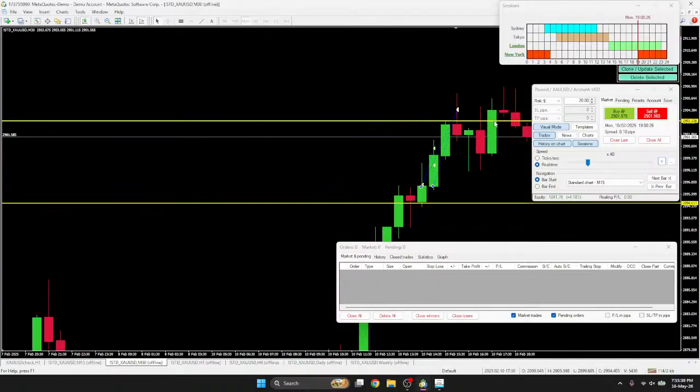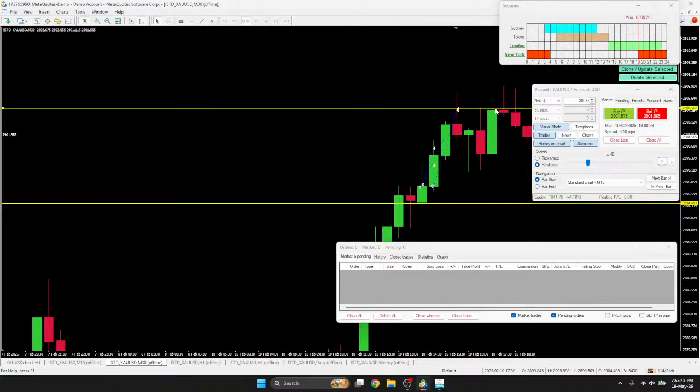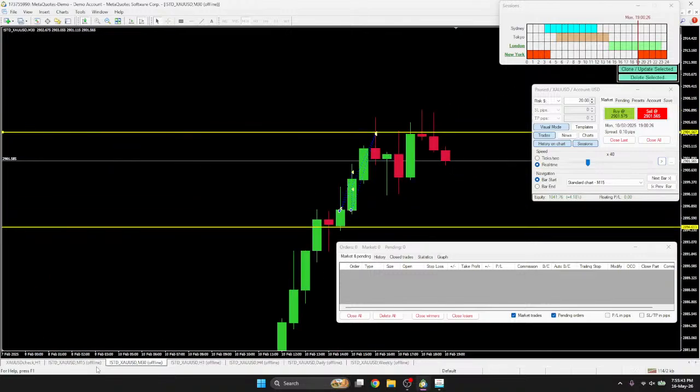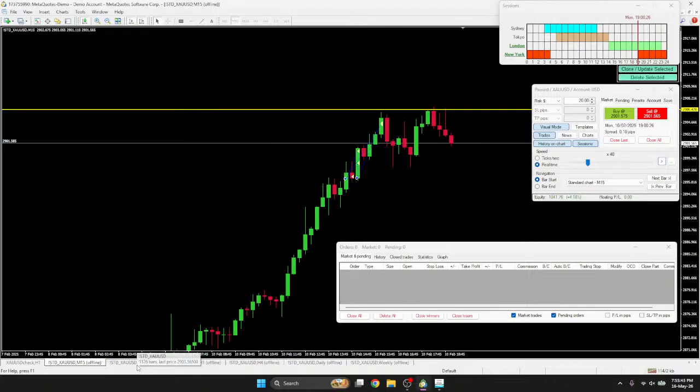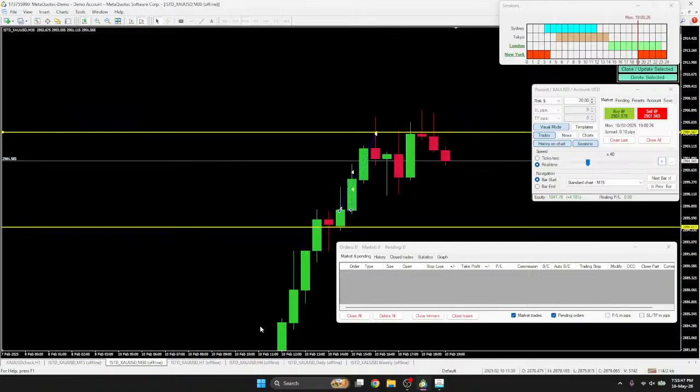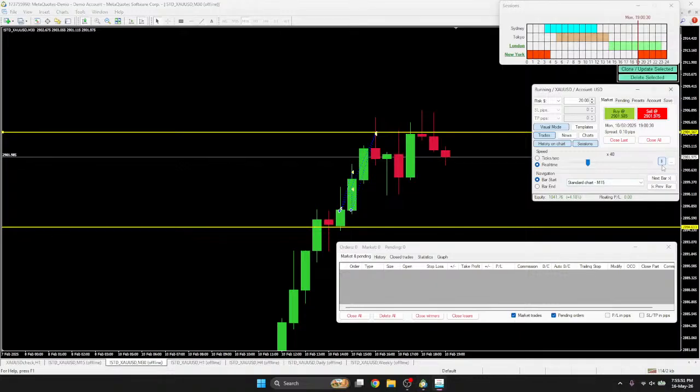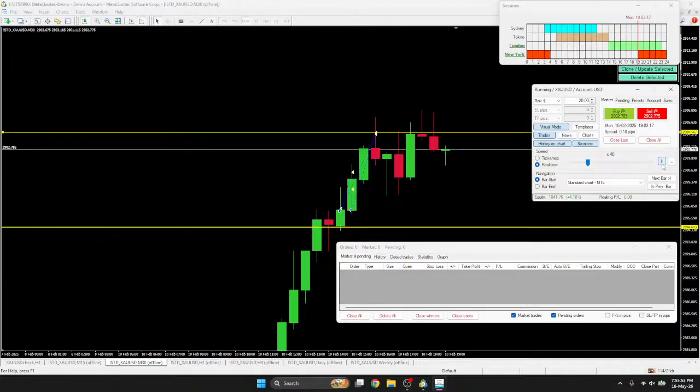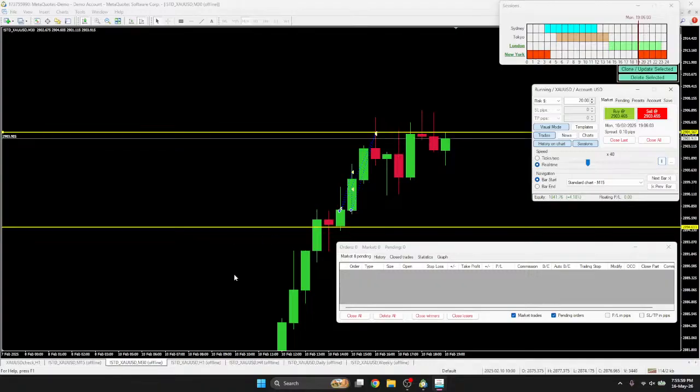Wow, how the candle just closed. Okay, we can take a sell here at this moment. I really don't want to take a sell here. Till now, I'm looking for buys.